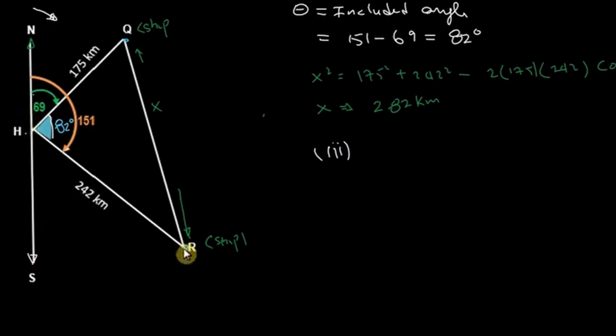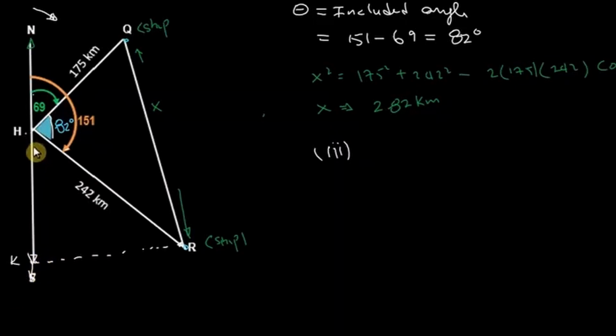It's merely asking me to find the component of 242 kilometers, which is going straight down or in a southerly direction. So between R and a point on the south, let's call this point K, which is merely defining south, then this distance HK is what they're interested in finding.